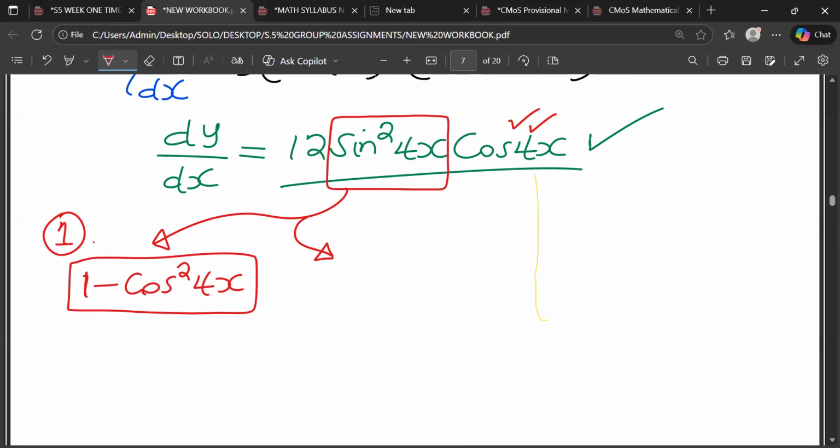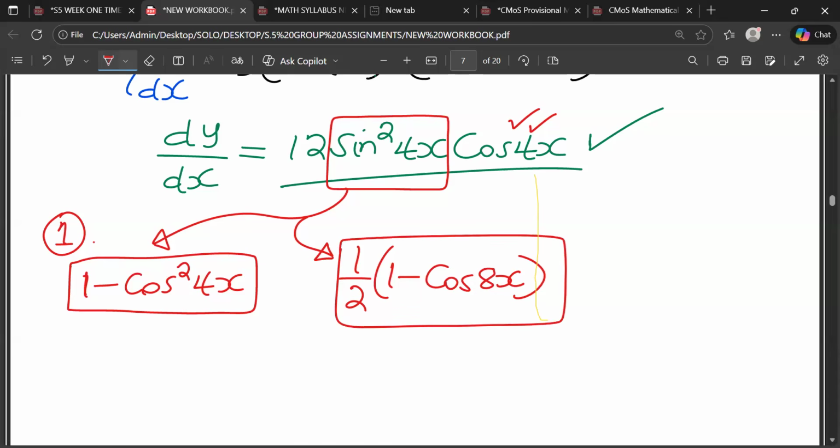Are you also aware that it is the same as a half into 1 minus, if you are aware.